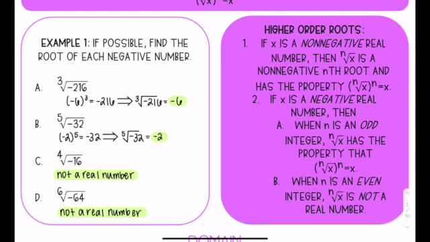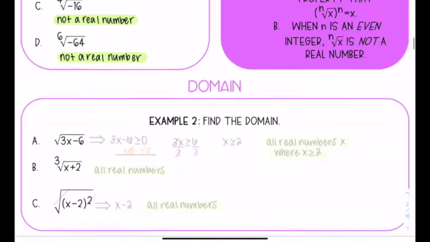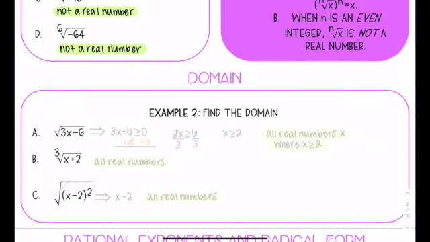Now let's talk about the domain. The domain is the values of x, or my inputs that I am allowed to put into the equation or the expression. So let's take a look at the square root of 3x minus 6.